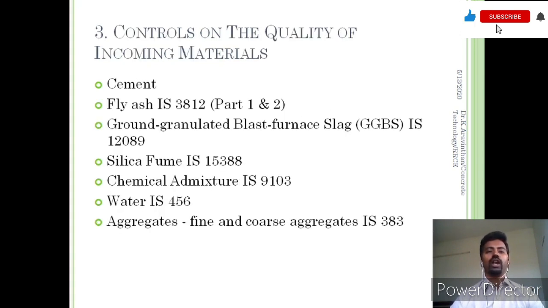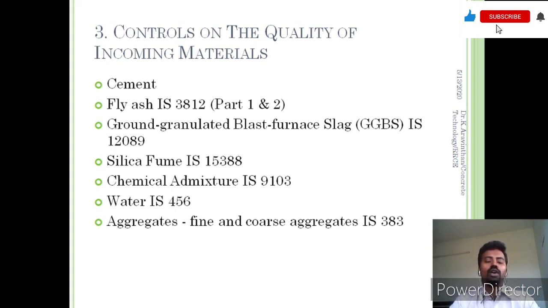So, control on the quality of incoming materials: cement, fly ash, each and every material getting into the site, we have to check the ingredients as per the codal requirement. For cement, there are various types, that is OPC, Portland Pozzolana cement, and Portland slag cement, and for each cement we follow a particular code.